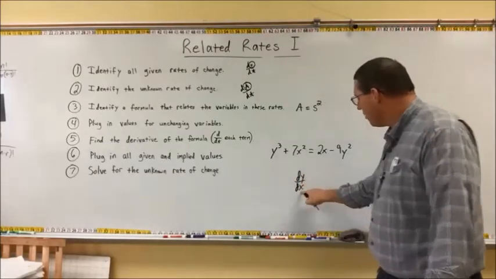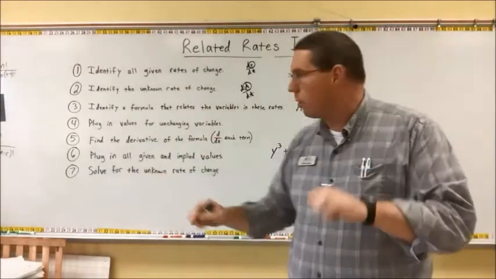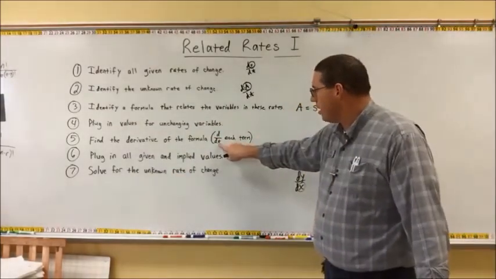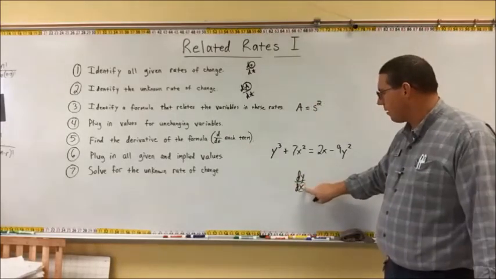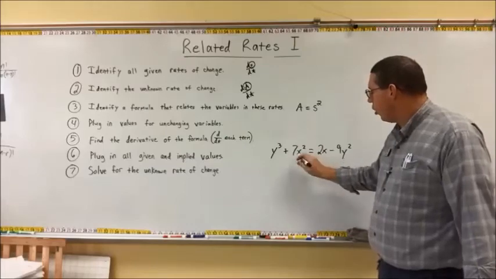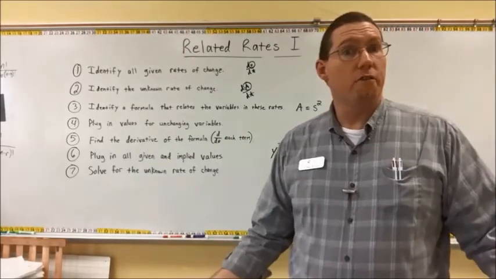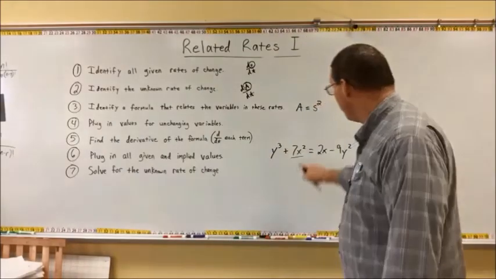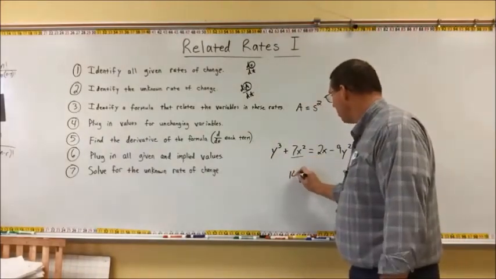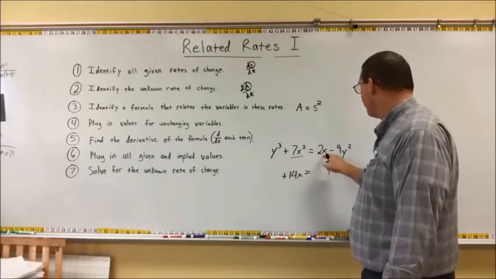Whatever this letter down here is, that's the with respect to letter. So this is with respect to t, this is with respect to x. Whenever we did the derivative of a term that had that letter in it, we just did the derivative rule, nothing special. The derivative of 7x squared is 14x, so we'd have plus 14x equals the derivative of 2x, which is 2.